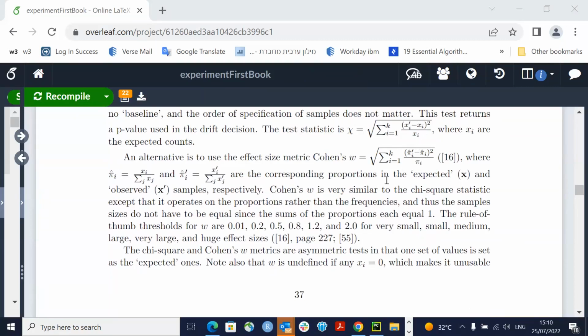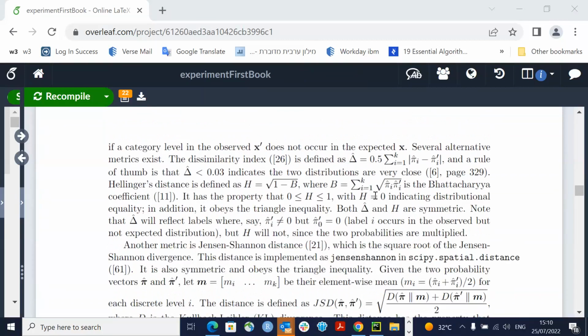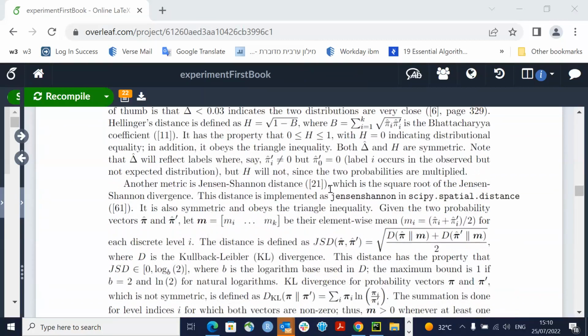measurement. So I just wanted to mention a few other distance metrics for categorical data, and some of these are symmetric, which is useful. One particular one I want to mention is Jensen-Shannon distance, which I've used in a few applications recently. It's actually not only for categorical. You can use it for numeric distributions as well.